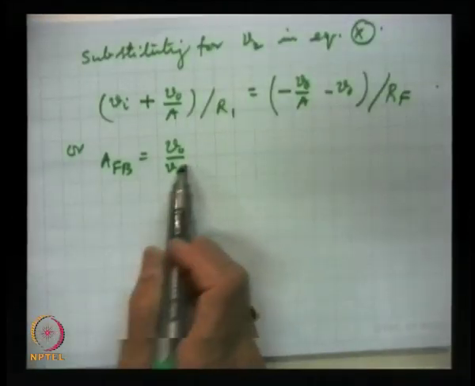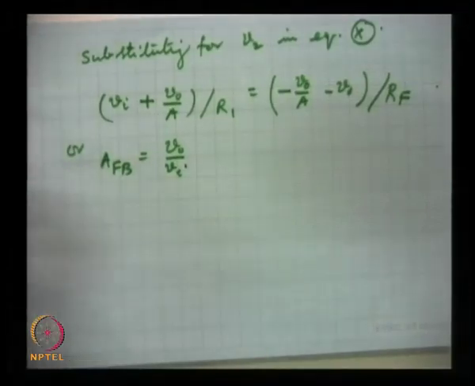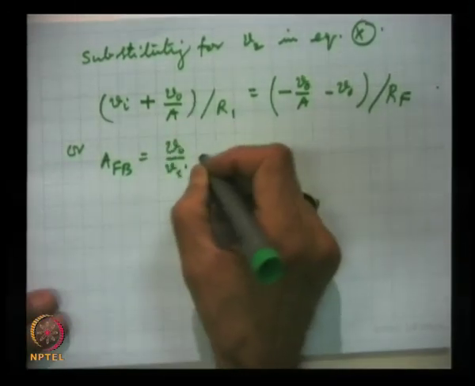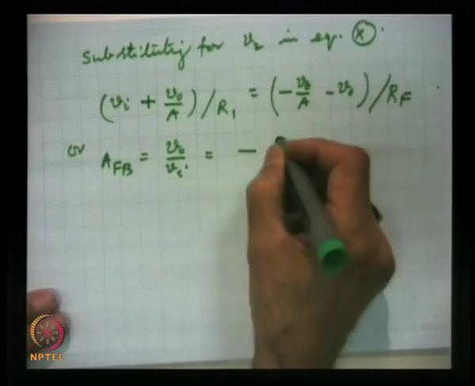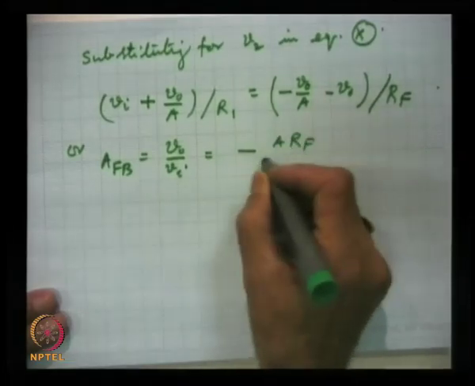So this is the voltage gain of the total amplifier, and this is equal to minus A RF.